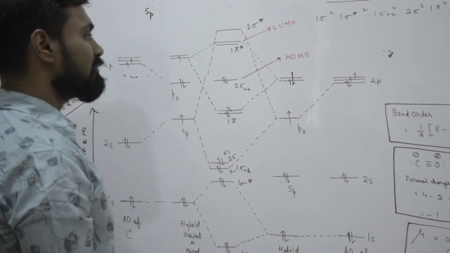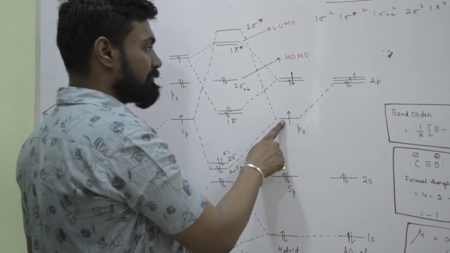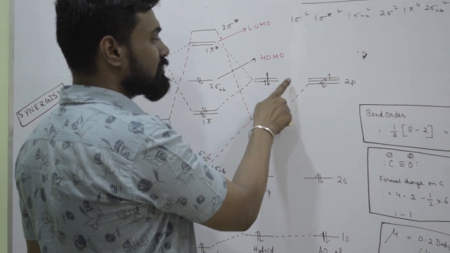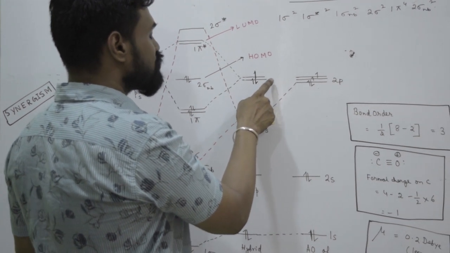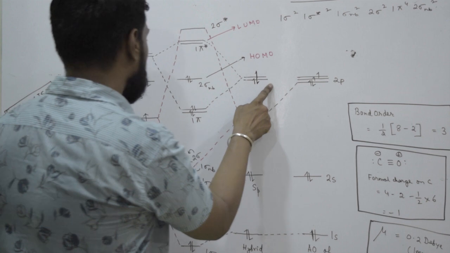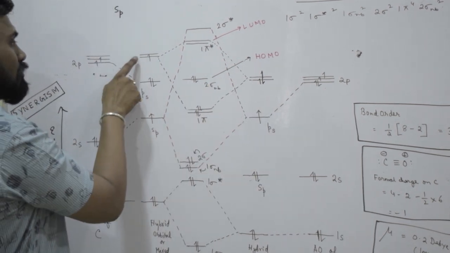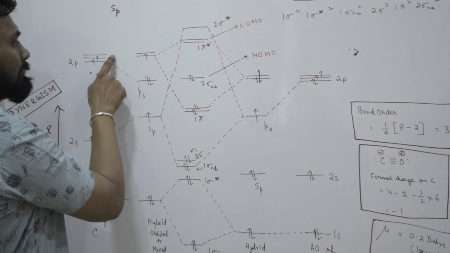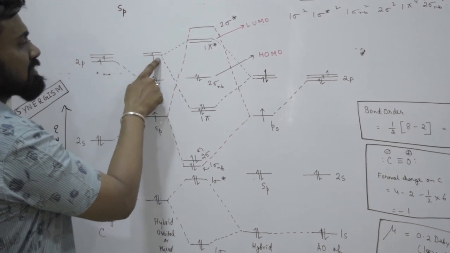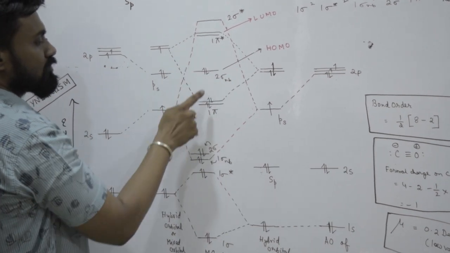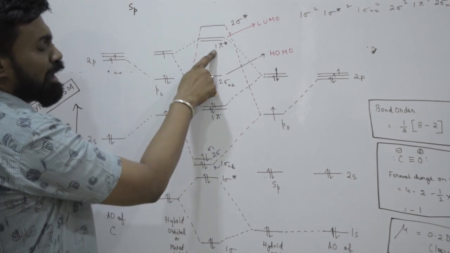Then one orbital has come here, so how many orbitals remain? 2 orbitals remain. Here also you can find 2 orbitals, and these are pi type orbitals. So this 2 and this 2, 4 orbitals, form 1 pi and 1 pi star.